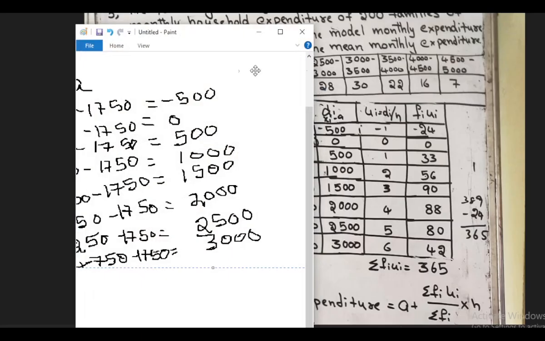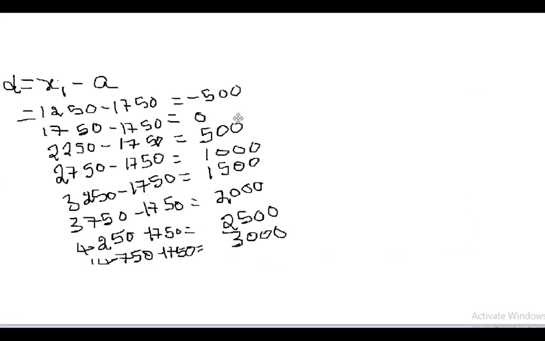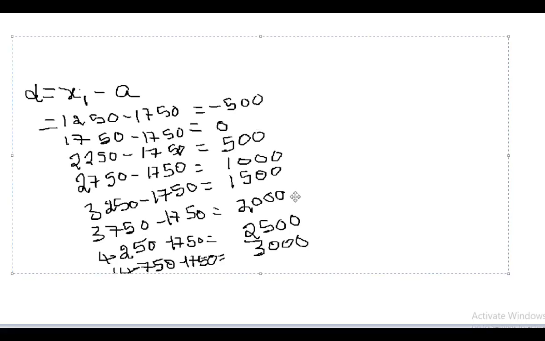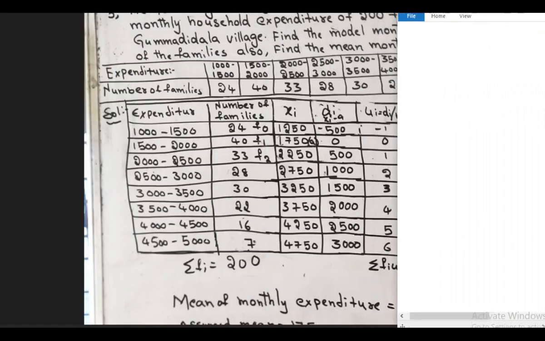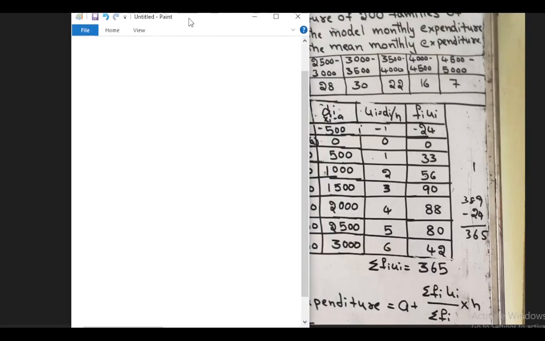That is why we are going for step deviation. By step deviation, we can reduce the data a little more. So how do we reduce the data a little more? Please observe here. First of all, the step deviation formula: ui is equal to di by h.